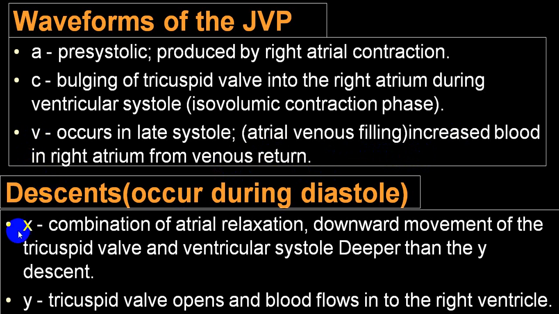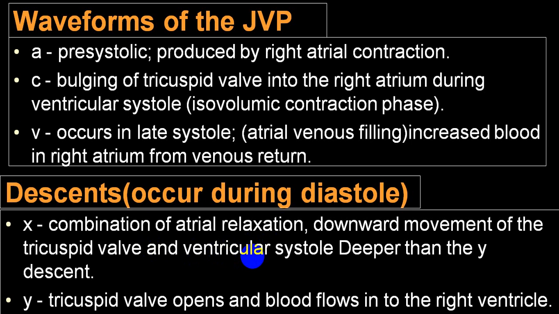The X descent is a combination of atrial relaxation, and with atrial relaxation the tricuspid valve moves down, and as far as ventricular systole is concerned, there is an isovolumetric contraction period followed by a diastolic period.